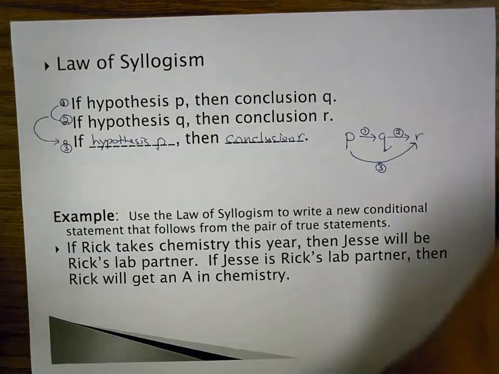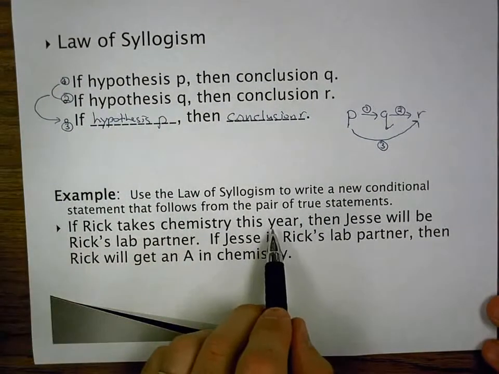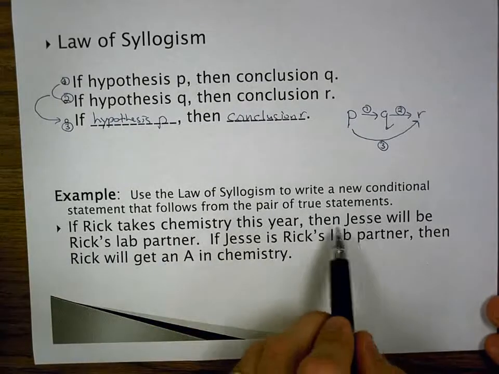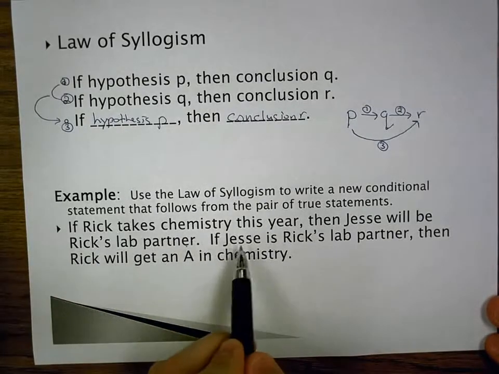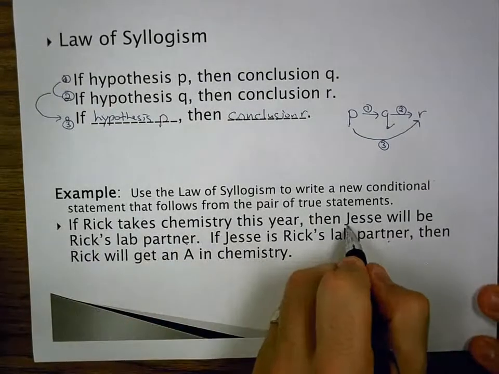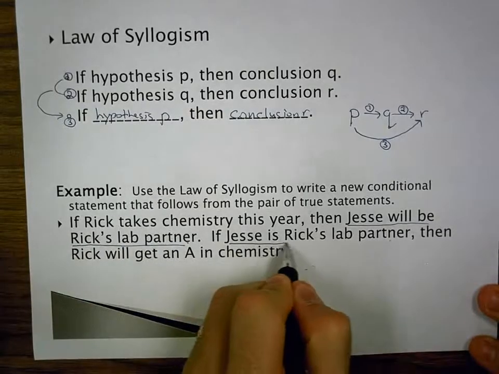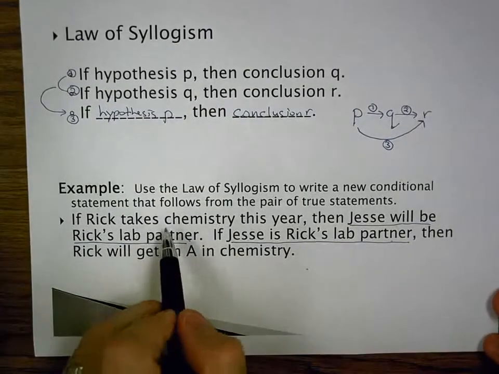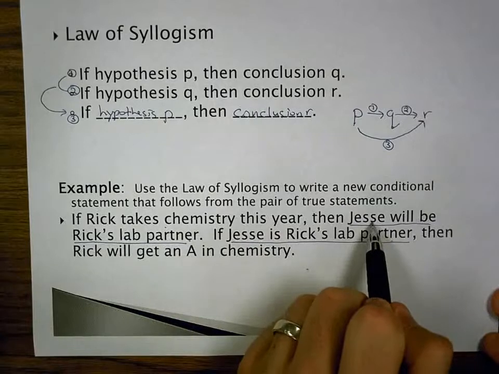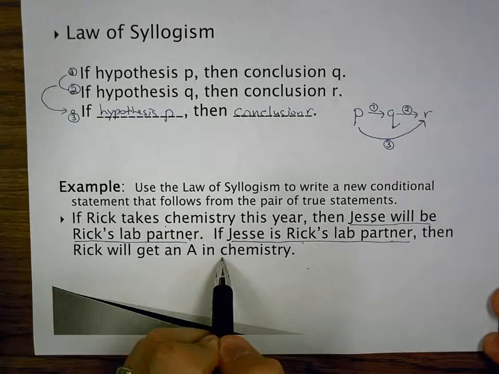If you're still a little lost in the letters, this example helps us put it together. If Rick takes chemistry this year, that's what we started with, then Jesse will be Rick's lab partner. If Jesse is Rick's lab partner, then Rick will get an A in chemistry. Notice Jesse being Rick's lab partner is a link between the two statements. He takes chemistry, Jesse's his lab partner. If Jesse's his lab partner, he's going to get an A in chemistry.